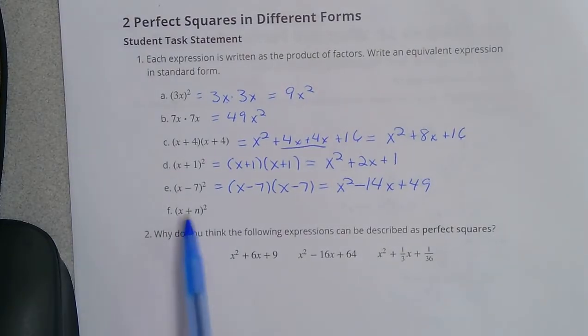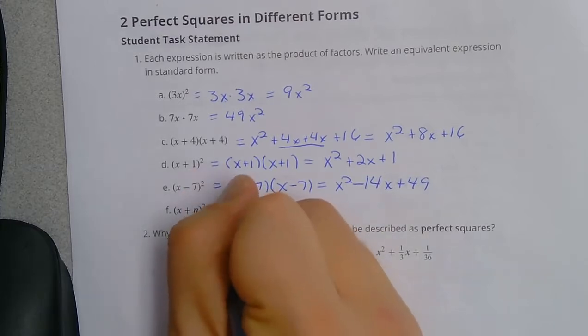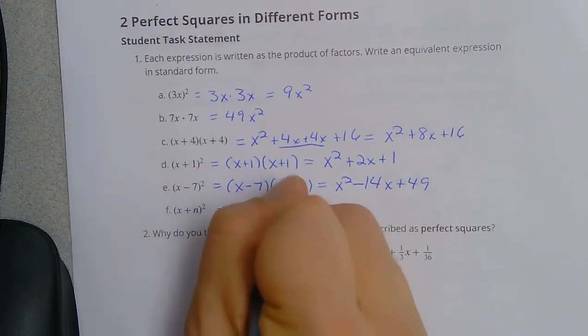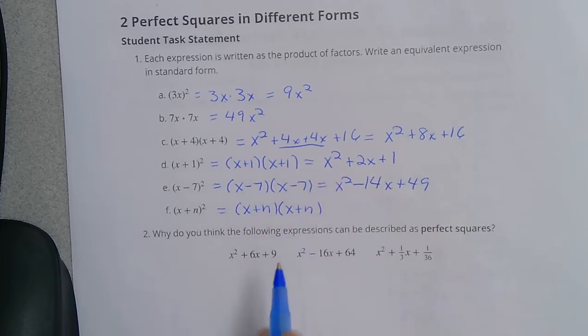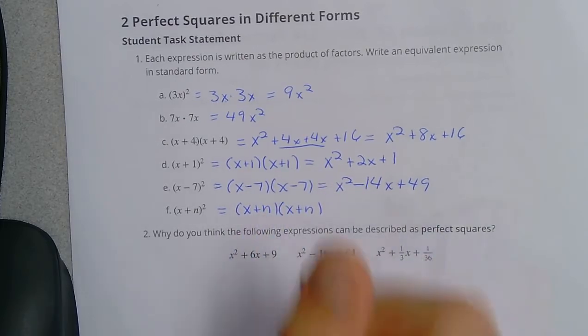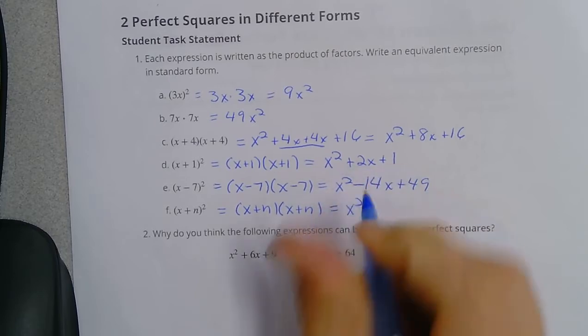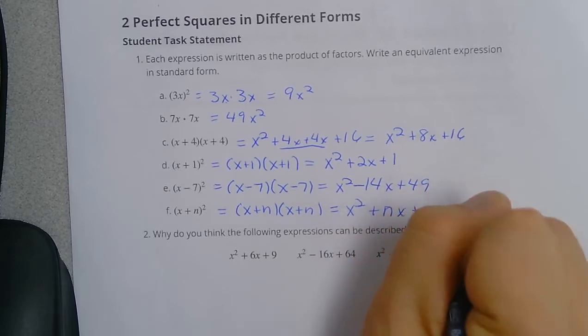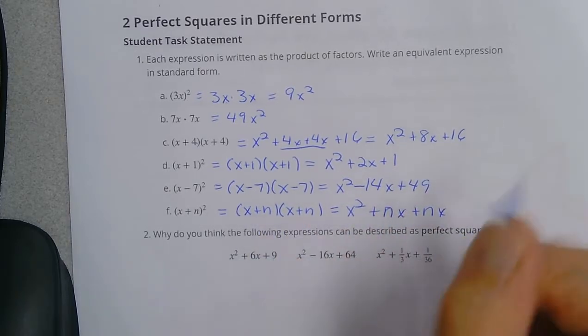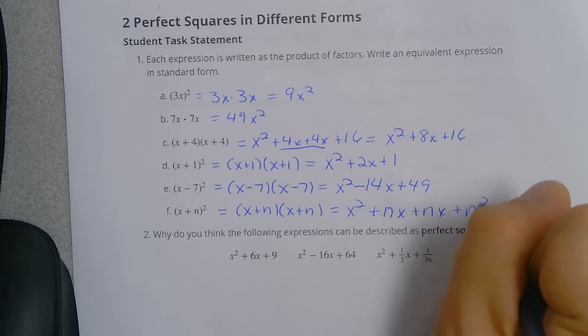And then for f, x plus n squared is x plus n times x plus n. Or to do that, x times x is x squared, and then plus nx, and then plus another nx, and then plus n times n is n squared.